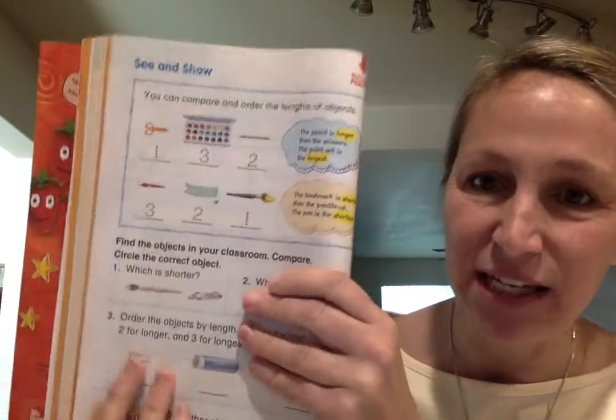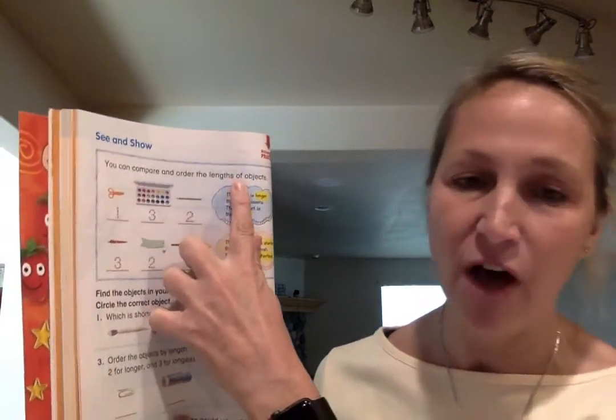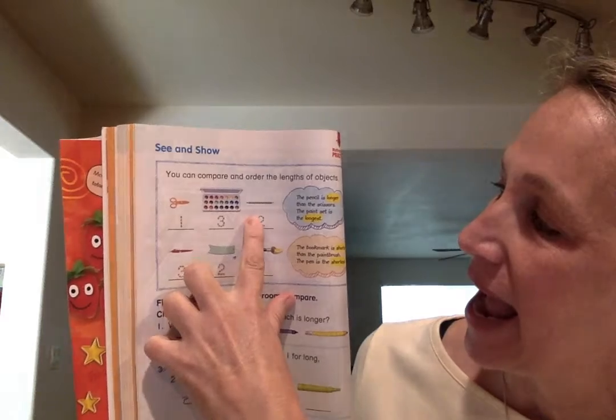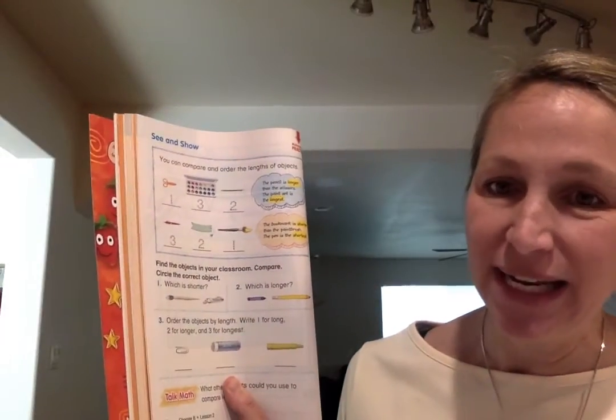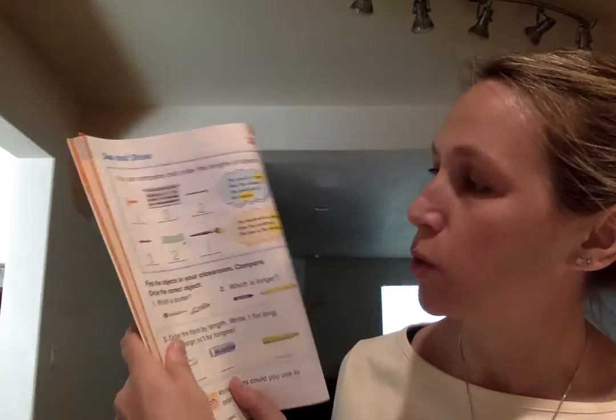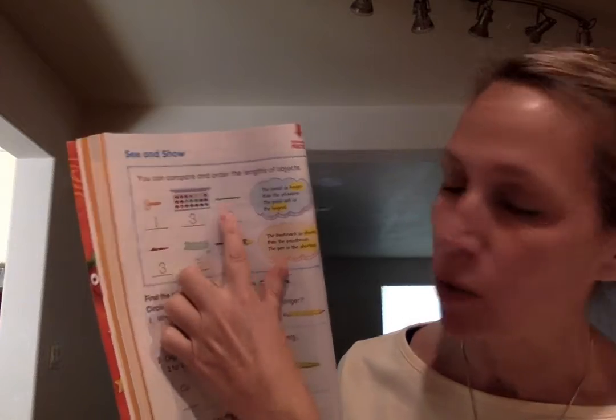For today's see and show, it talks about how we can compare and order the length of objects. So we're going to be ordering objects from shortest to longest in these situations. So we need to look at the scissors, the paints, and the pencil. We need to decide which is the shortest, the scissors, the paints, or the pencil. You're right, the scissors are.